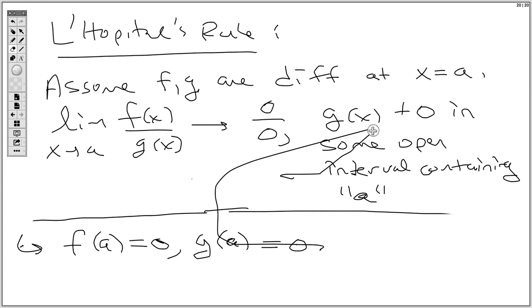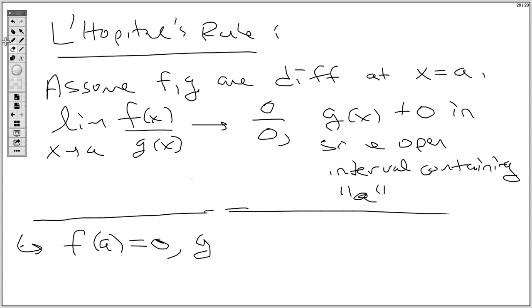It's probably the humidity. I'm going to blame the humidity for that. So if f and g are differentiable at a, that means f and g are continuous at a. And since we're getting the indeterminate form 0 over 0, f is going to 0, g is going to 0 as we get close to a, then that means f of a and g of a must be 0. Remember, continuity means you get what you expect. I'm expecting 0 out of both, so that's what I get.